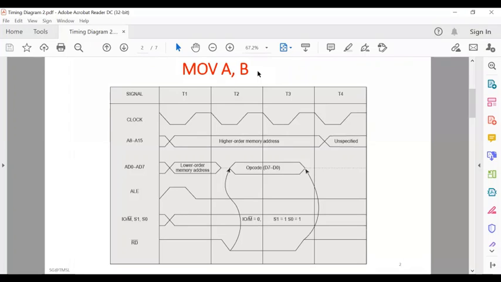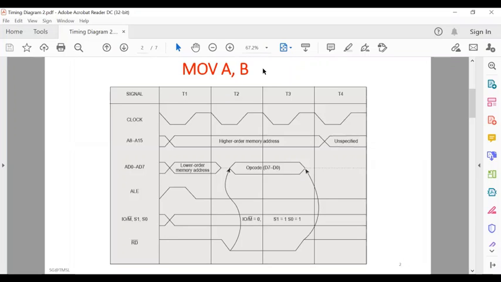So if I think, for move A comma B, maybe it is 78, I think so. 78. So the meaning of 78 is the same, that is, move the content from B register to A register.